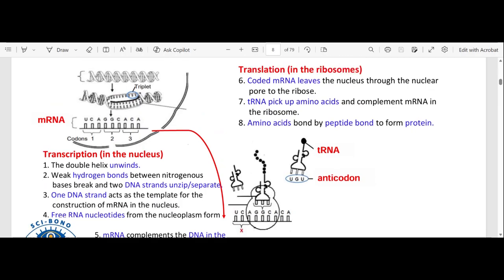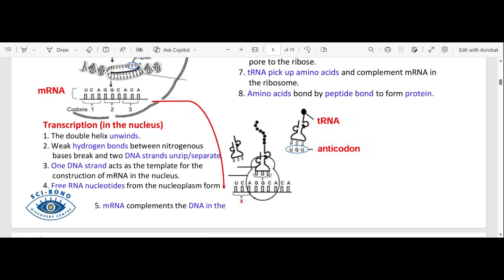Can you see now the structural difference between tRNA and mRNA? tRNA has a different shape compared to the mRNA. How do you identify tRNA? You identify it by the amino acid at its head. It's carrying an amino acid at its head.